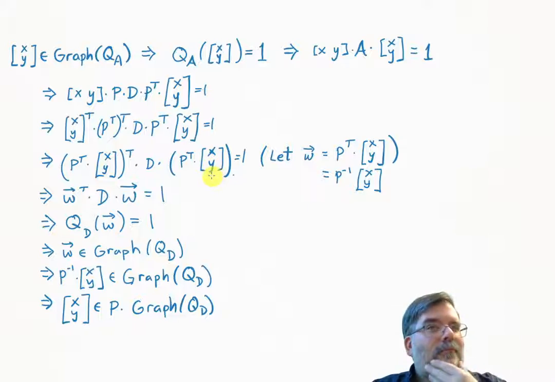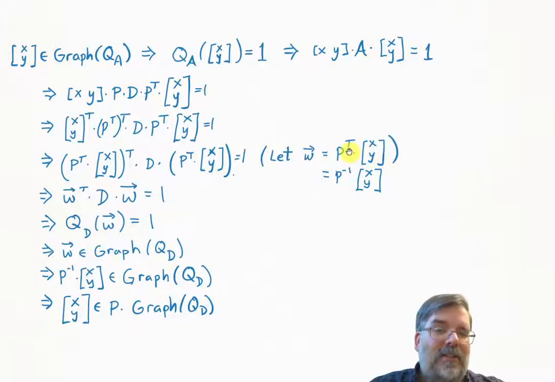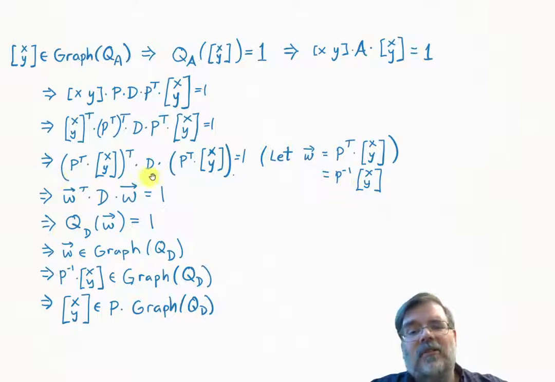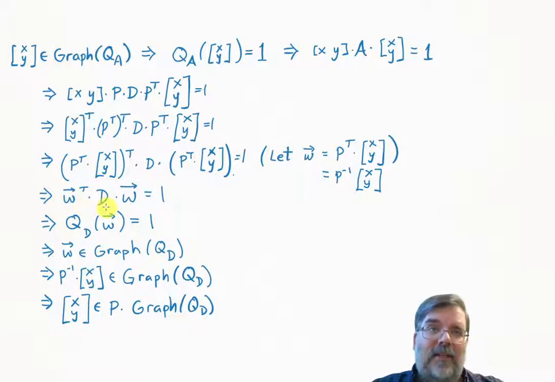Interesting. So let's call that W. Let's say W is equal to P transpose times (x, y). And as we observed before, if we're working with rotation matrices, P transpose is the same thing as P inverse. And it's convenient to switch between these two as necessary. So this long, complicated equation could be written more simply as W transpose times D times W equals 1.